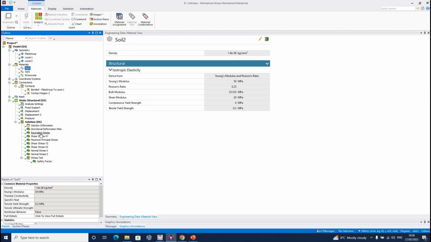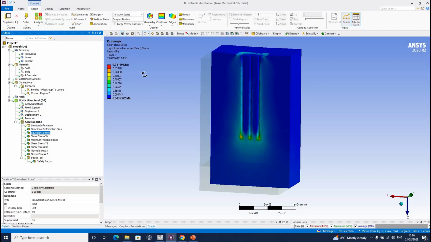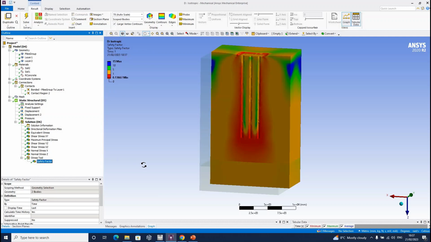And the equivalent stress in our problem reaches values of around 0.73, so far over the value of the tensile strength. And as you see the distribution of values, almost all the time we are over this value, and this is the reason why the safety factor is like this.